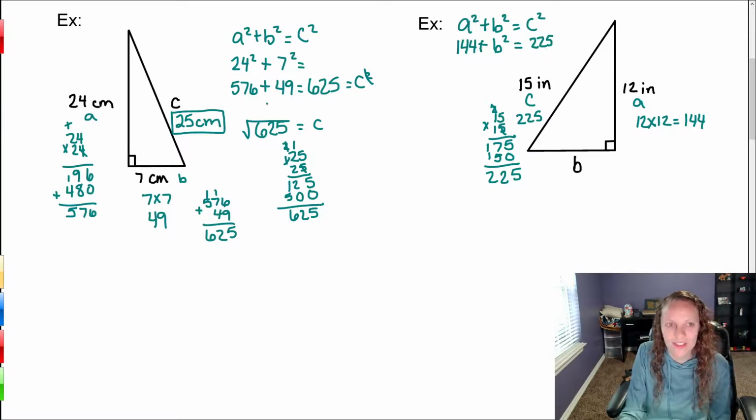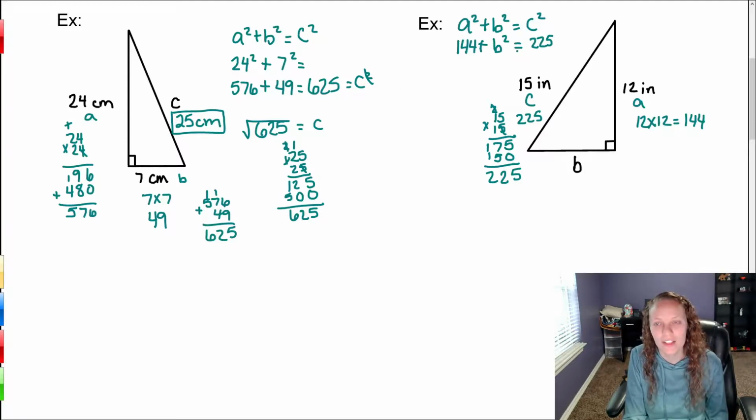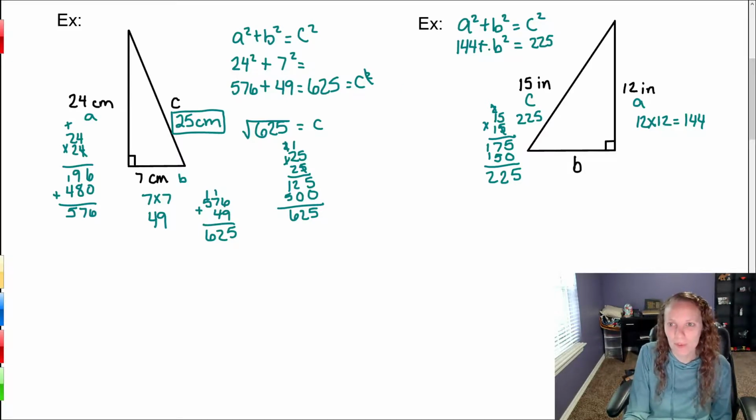If you notice, previously we added to figure out c squared. Well, this time we already know c squared, so we're working it backwards. We're going to need to subtract to figure out what this missing piece is. So this time we are going to subtract 144 from 225.